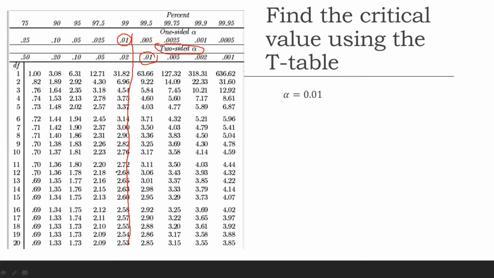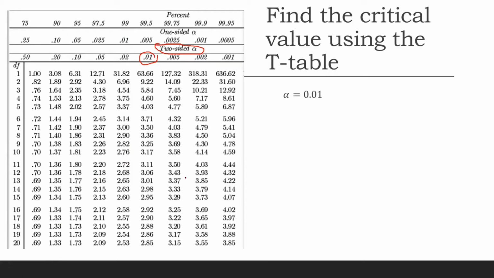Dahil kahit konting decimal lang ang difference nila, what if yung ating test value na nakuha ay konti lang din yung difference dun sa ating critical value. So, mag-iiba yung ating decision. So, ang ating two-tailed alpha natin is 0.01. So, dito tayo titingin.